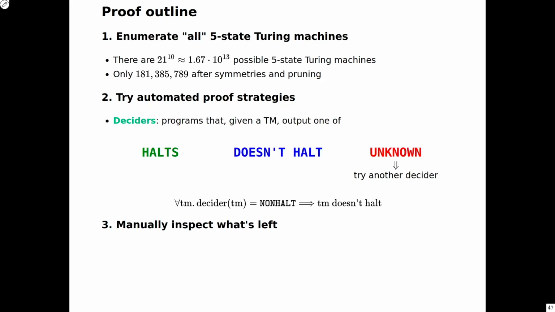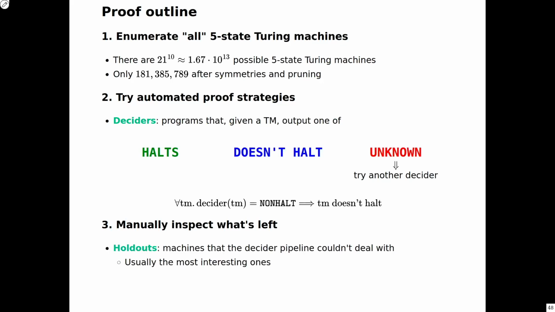After we run our pipeline, we get, I think it is 13 machines that no automated strategy could deal with. We call them holdouts. And these are usually the machines with the most interesting behavior, and because of that they are interesting to study.